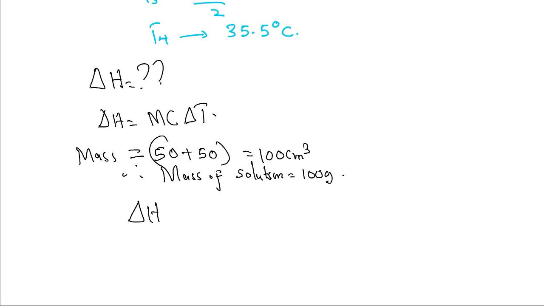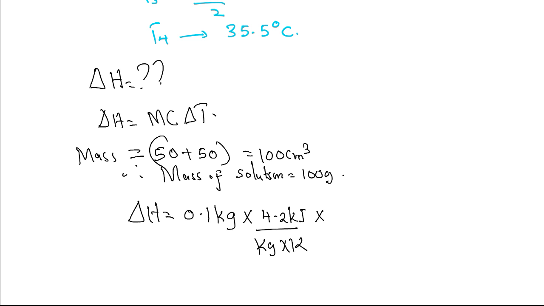Delta H is now equal to 0.1 kilogram by 4.2 kilojoule per kilogram per Kelvin times the difference in temperature, that is 35.5 minus the average, which is 22.5.